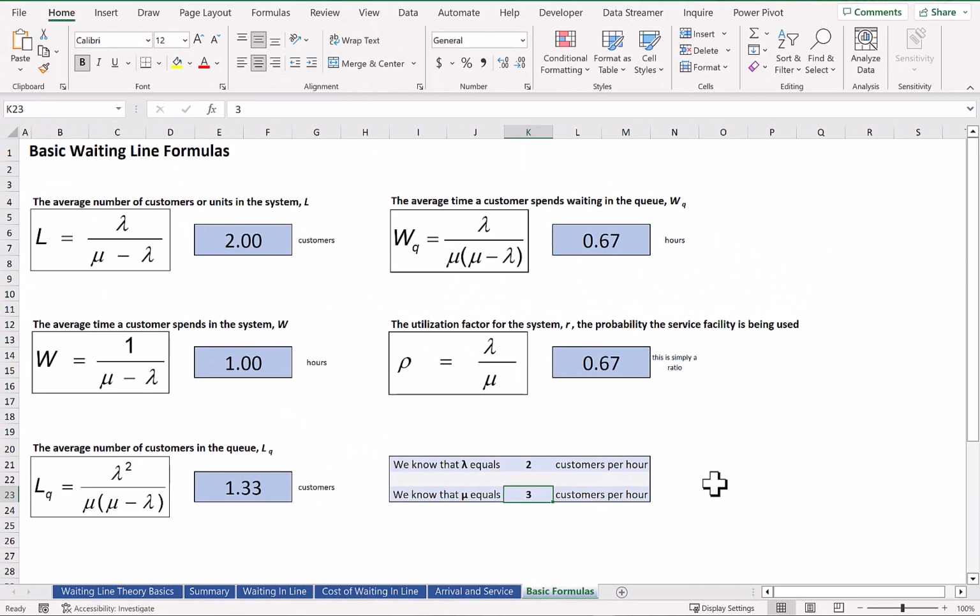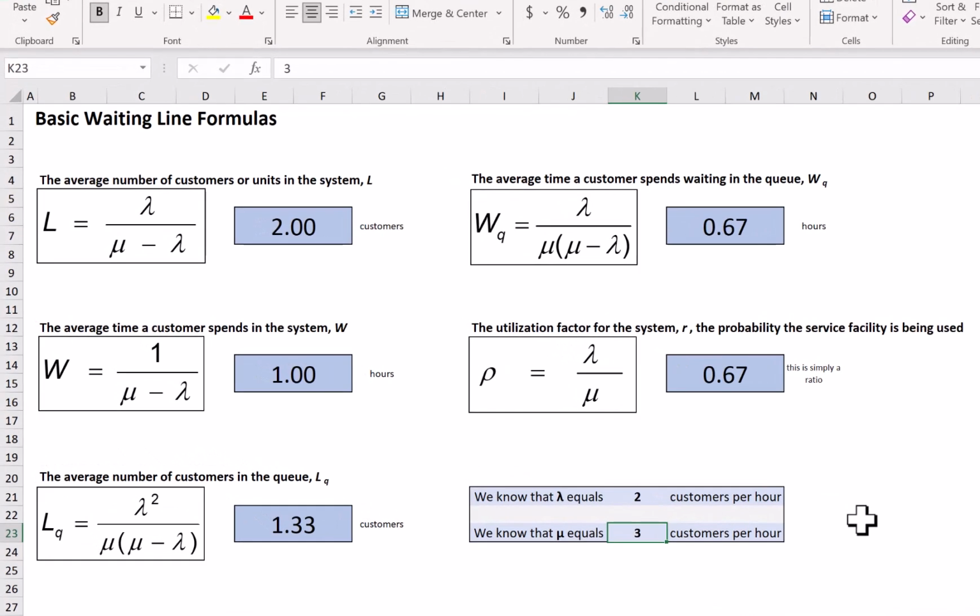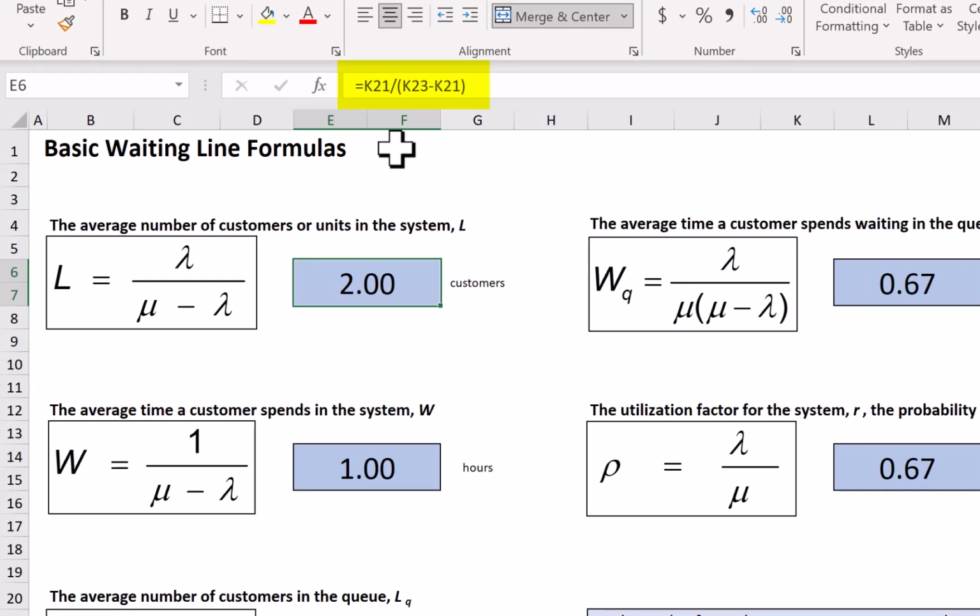Let's take a quick example by trying to solve the average number of customers or units in the system. In this case, it's customers. So the formula is L equals lambda divided by mu minus lambda. We want to put the answer in cell E6, and you will notice that the equation is K21, which is lambda, that's 2, divided by the difference between mu and lambda.